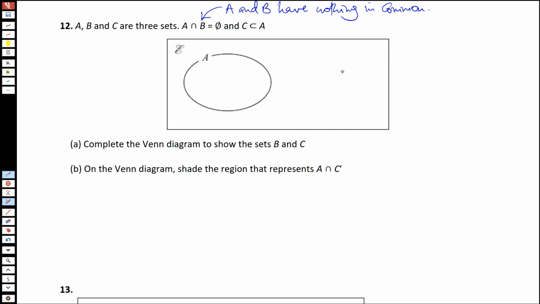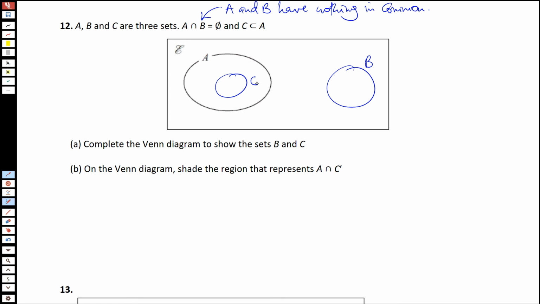So we can sketch B there, the set representing B, such that A and B have nothing in common. And then C is a subset of A, which means that the elements in C are also in A. That implies that we can draw C inside A, because we know that the elements in C are also in A.